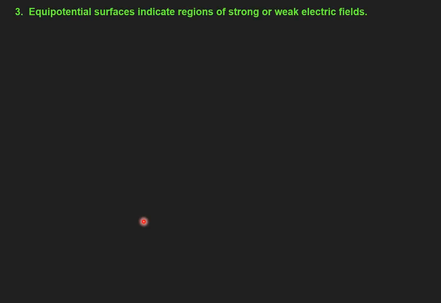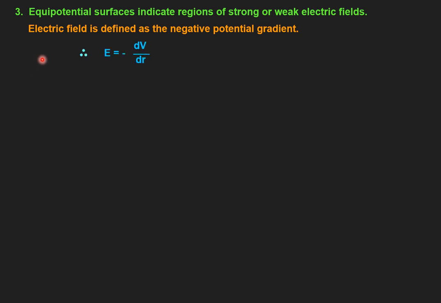The third property is that equipotential surfaces indicate regions of strong or weak electric field. We know that the electric field is defined as the negative potential gradient. This is the important relation between electric field and potential. You must remember this relation.